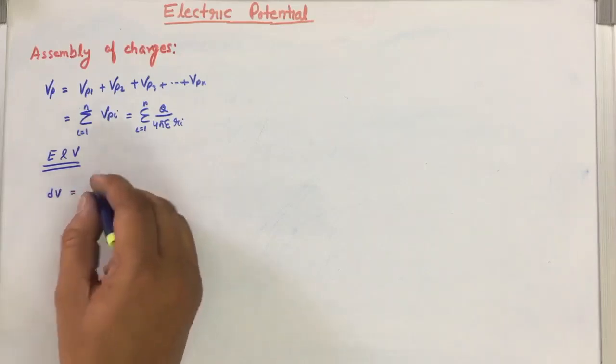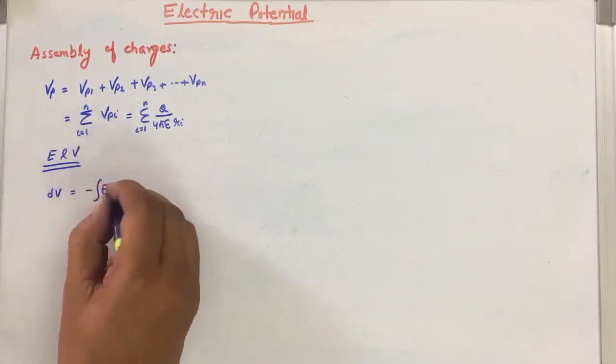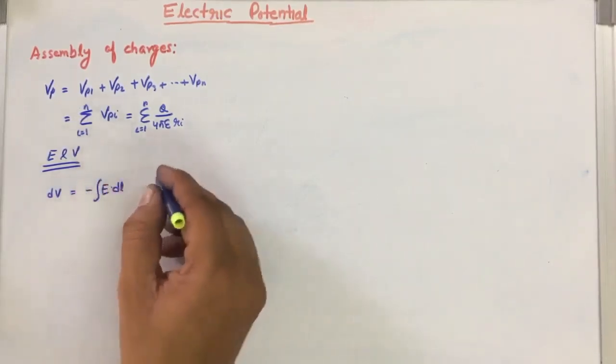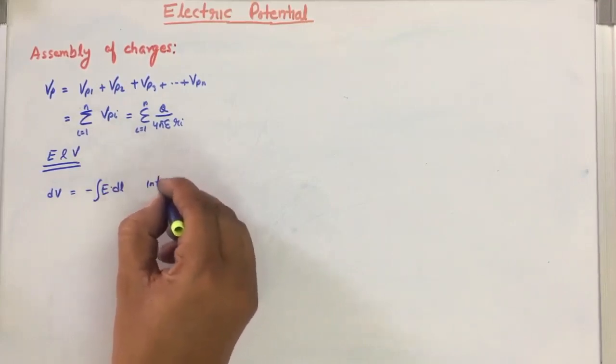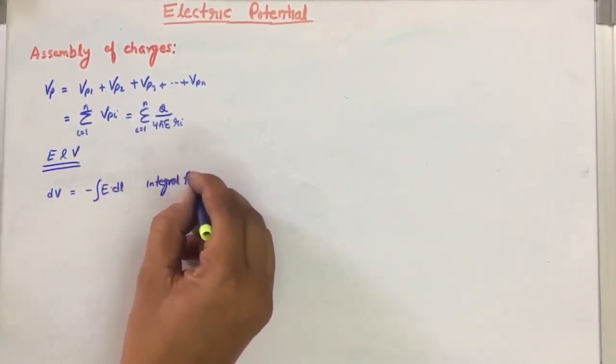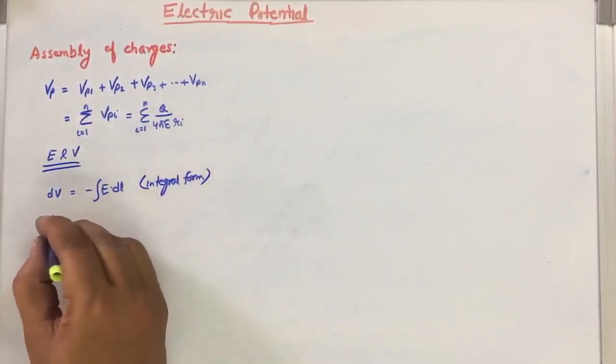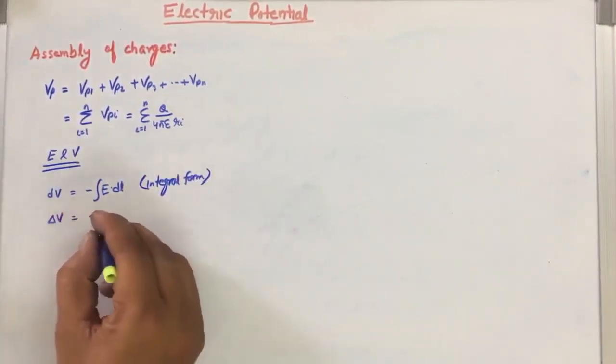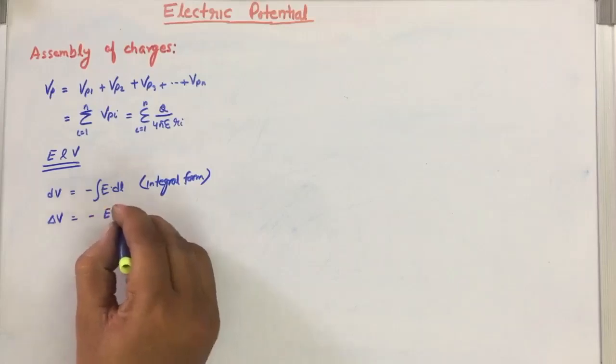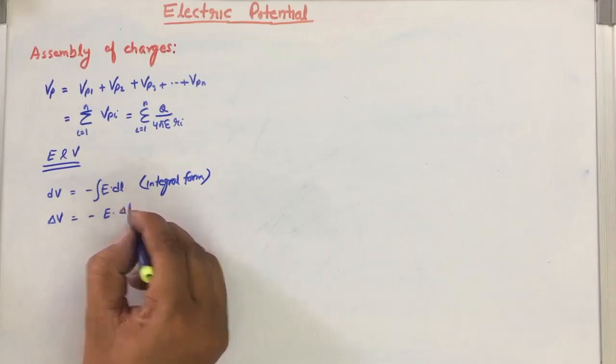Now let us try to find the relationship between E and V. We know potential difference is E dot dl in integral form. We can write change in potential will be E dot change in length.